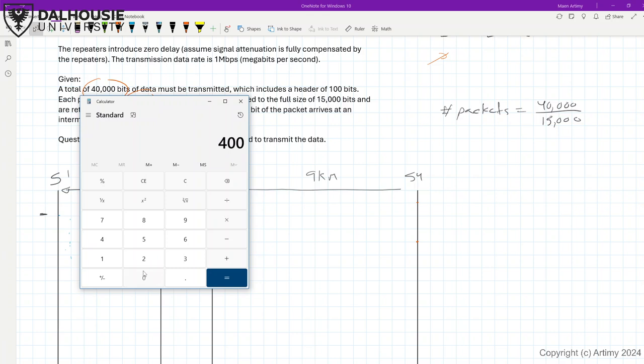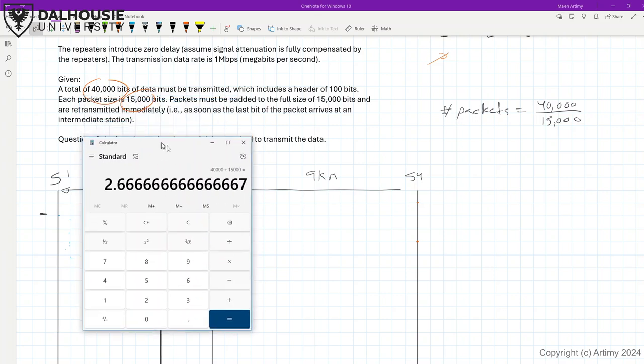So 40,000 divided by 15,000. We will end up with 2.7 packets. Now, this means practically we have two full packets, each one 15,000 bits, and 2/3 of a packet.